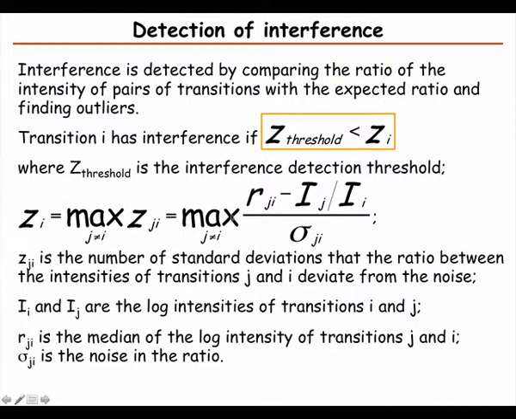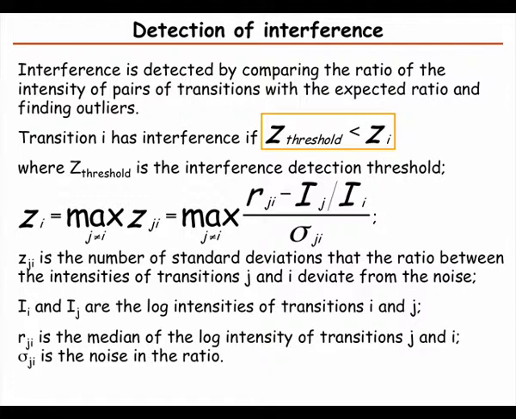Since we have synthesized our peptide, we can measure the expected ratio by measuring the peptide without a matrix that has a lot of interferences.